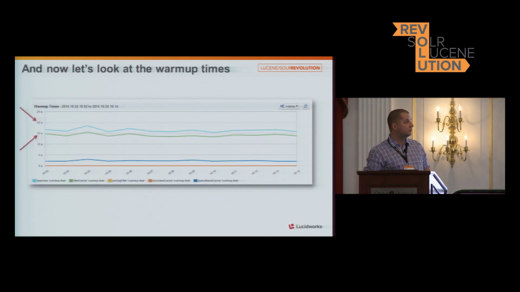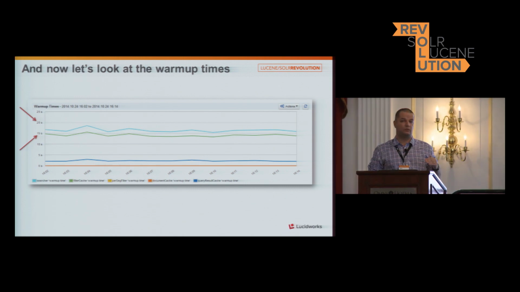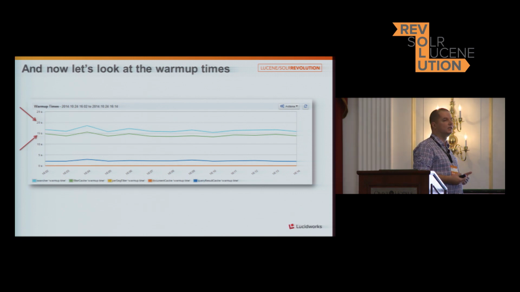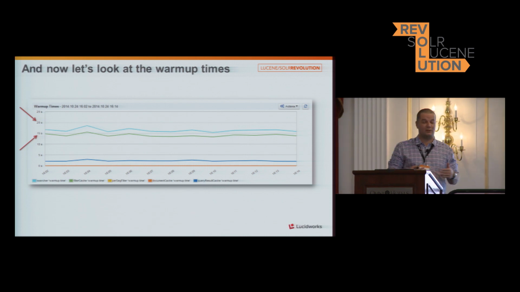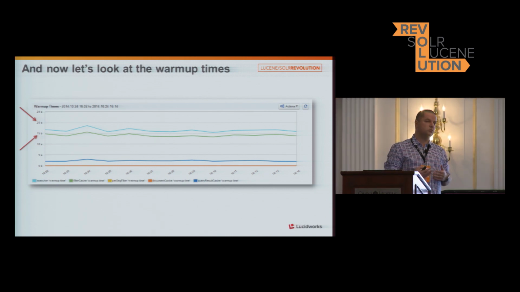That's because, as you can see, we had warm-up times of almost constantly 15 to 20 seconds. It means that Solr was constantly warming up data, and with, as I will show in a few moments, a constant refresh and reopening of the searcher object, it was not really usable, almost at all.